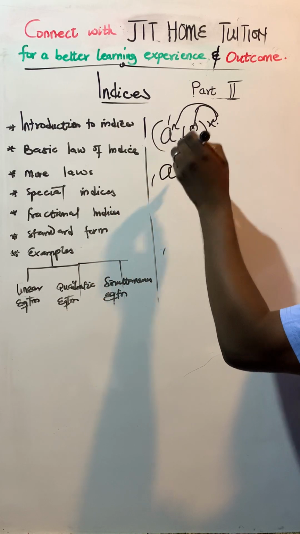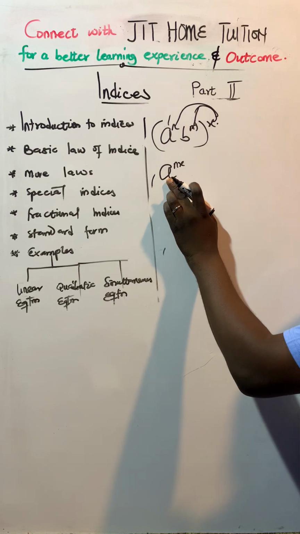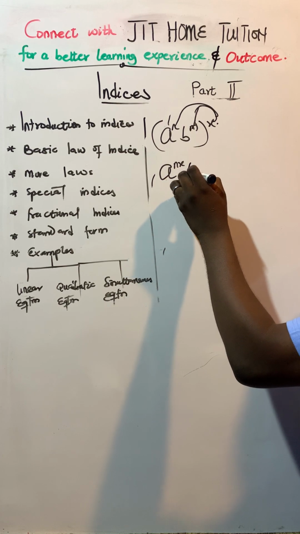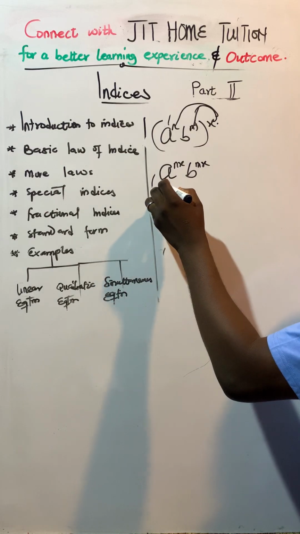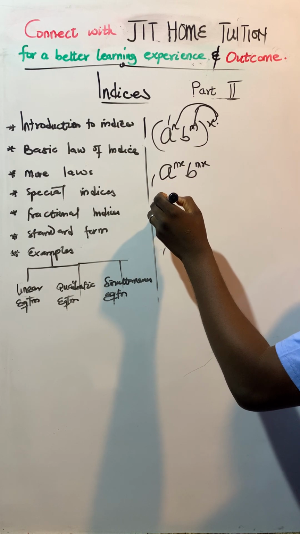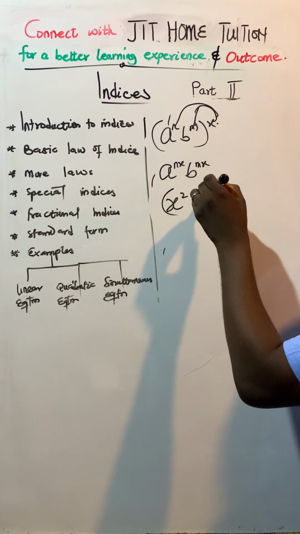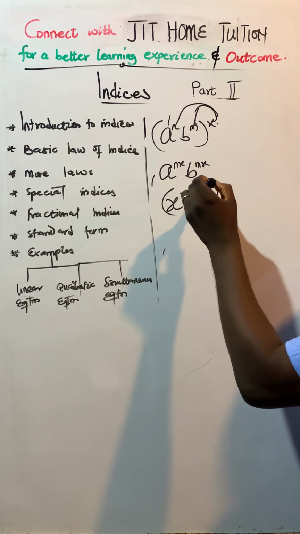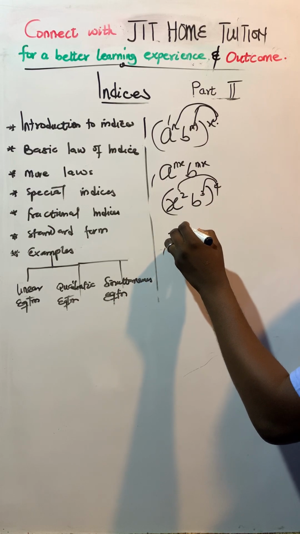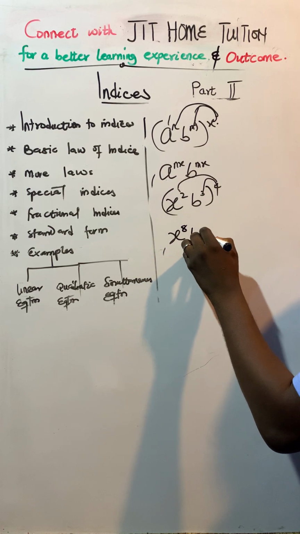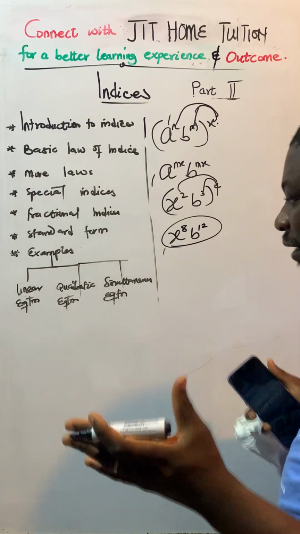So you have a exponent n multiplying x, that is a exponent nx, then you have b exponent mx. I hope you are following. So assuming that you have x exponent 2, b exponent 3, all exponent 4, it will multiply this and also multiply this, giving you x exponent 8, then you have b exponent 12. Please, I hope you get it.